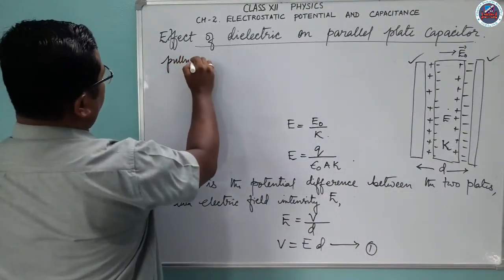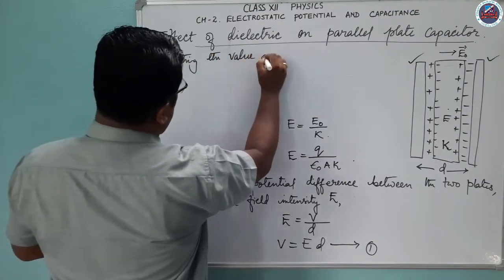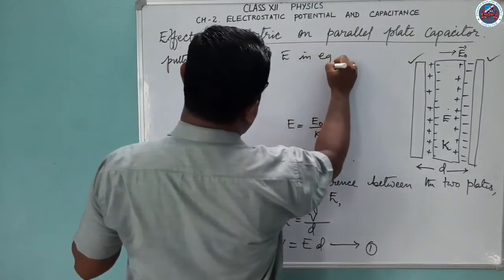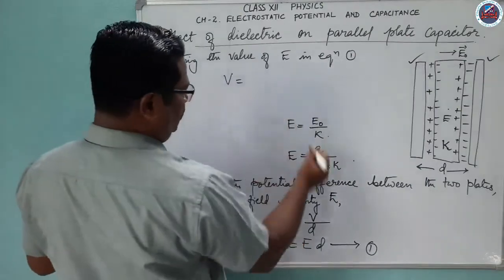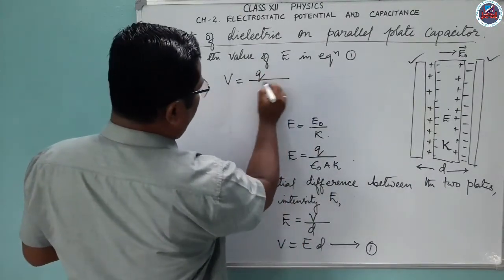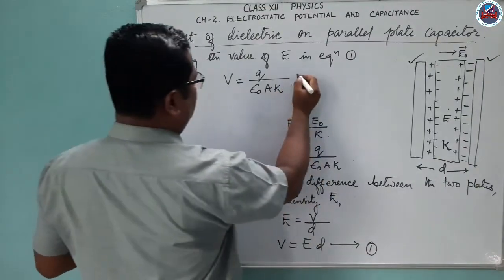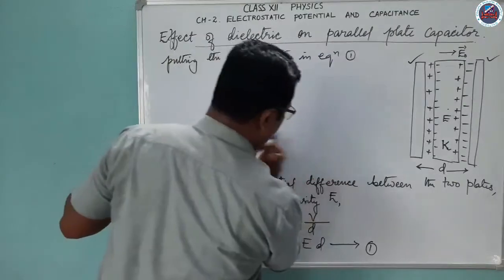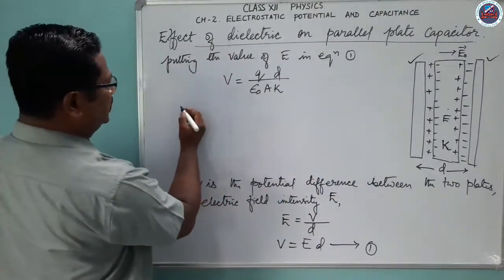Putting the value of E in equation 1, V is equal to Q divided by epsilon naught A into K, then D. You can find the capacitance of the capacitor when the dielectric is inserted.